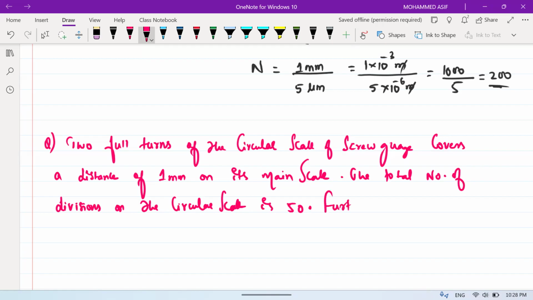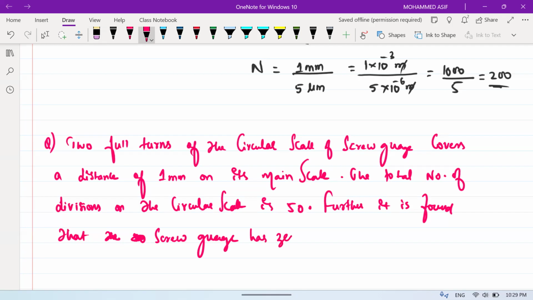Further, it is found that the screw gauge has zero error of minus 0.03 mm.